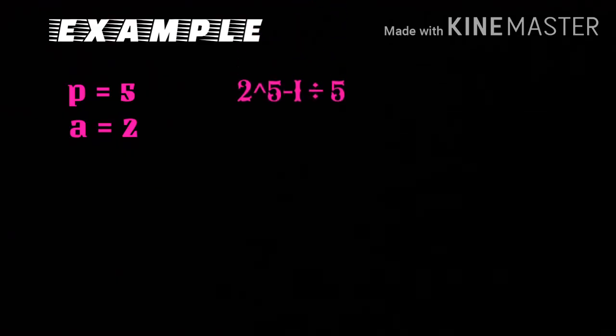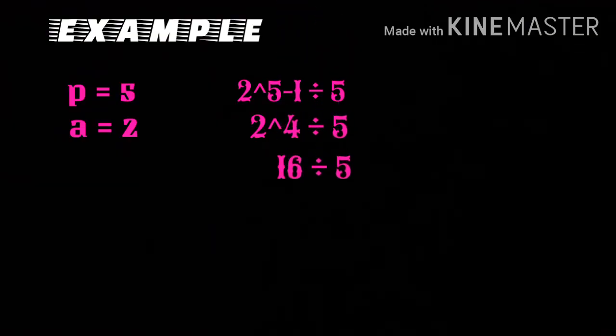Here's the example. Let's say p is 5 and a is 2. So we have 2 raised to 5 minus 1, divided by 5. 5 minus 1 is equal to 4. So now we have 2 raised to 4 divided by 5. 2 raised to 4 is equal to 16.